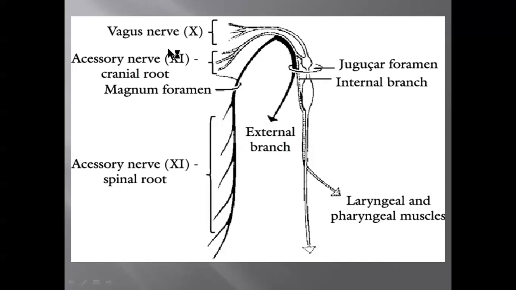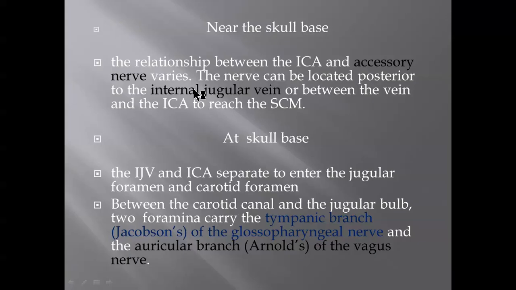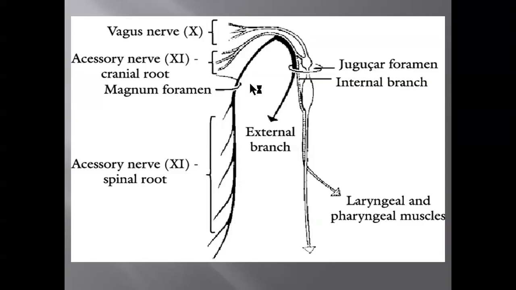We must be familiar with the relation of the internal carotid artery to the accessory nerve, because the relationship varies. The nerve can be located posterior to the internal jugular vein or between the vein and the ICA. As we know, the accessory nerve supplies the sternocleidomastoid muscle and helps us shrug our shoulders.